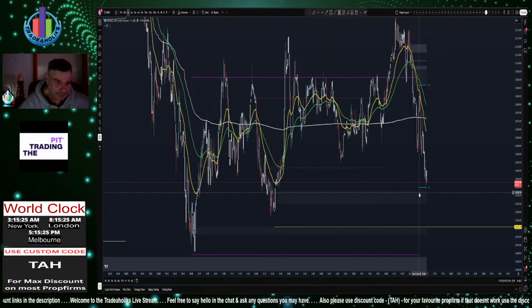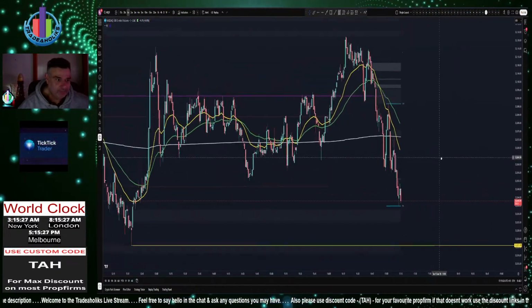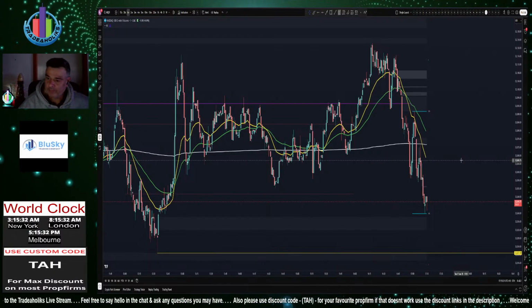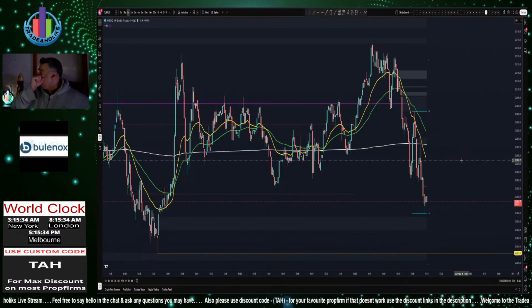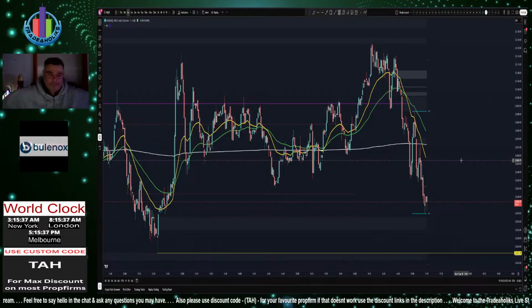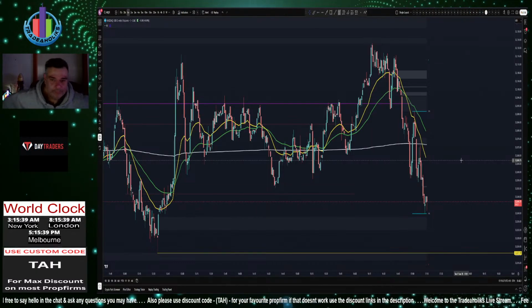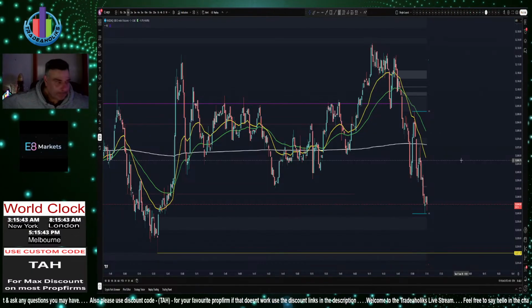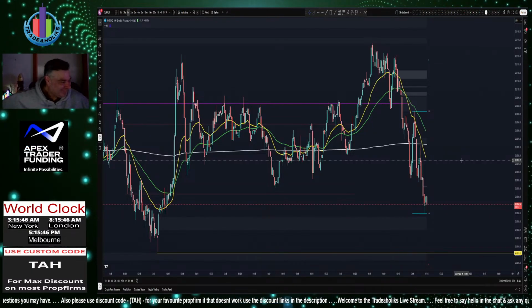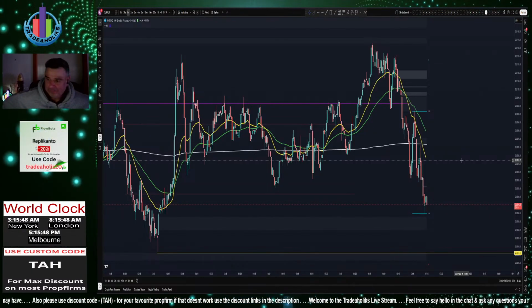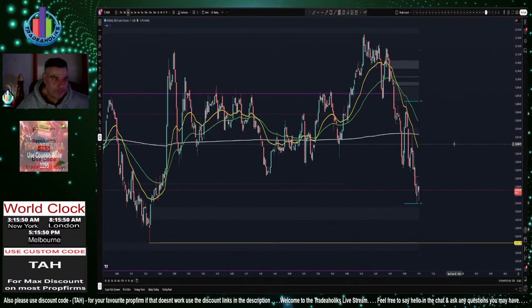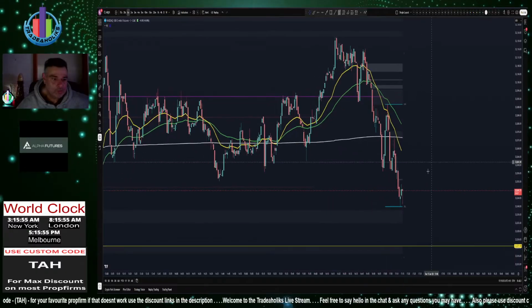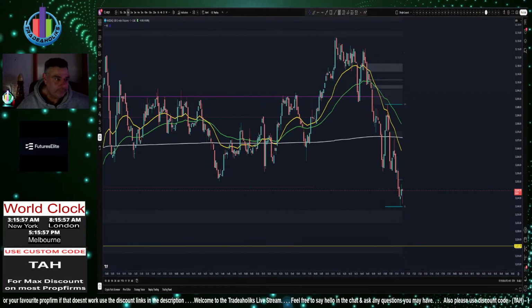Could potentially bounce off this too. Looking further down.